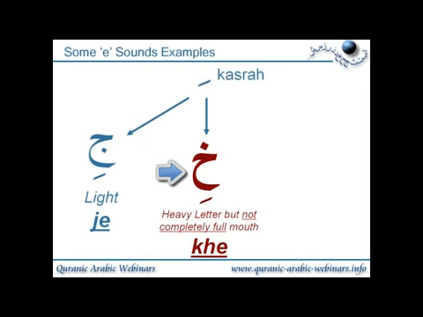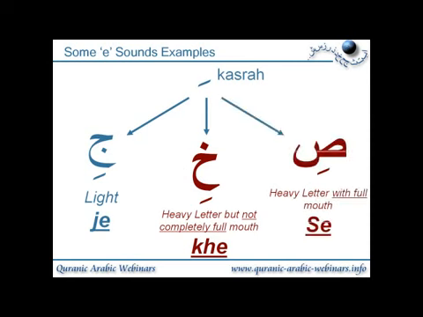This is the letter Kha with the Kasrah, and we've got a note here, heavy letter but not completely full mouth, so the pronunciation of this is Khi, Khi. So it's not a complete smile, and at the same time it's not a full mouth, i.e. not a complete round mouth, so it's Khi.